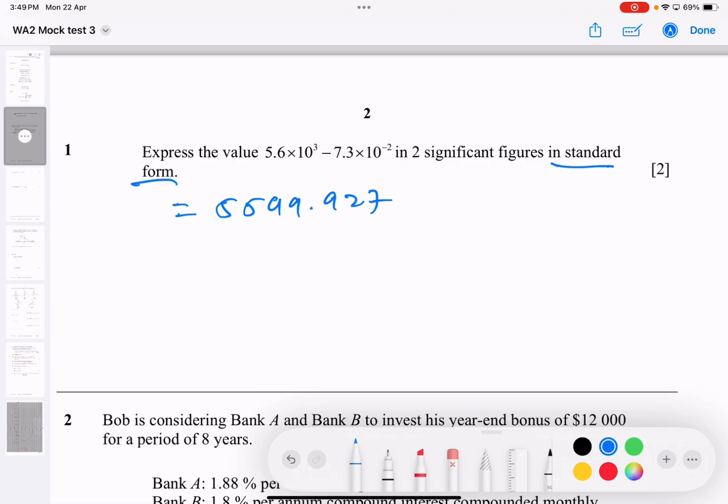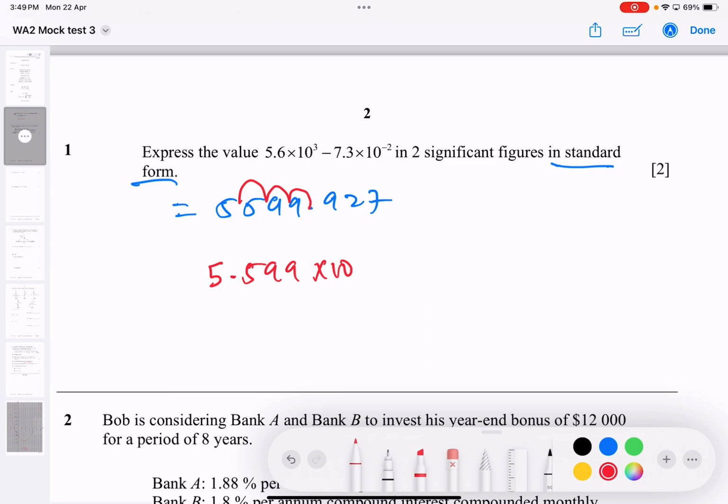You have to understand that standard form means that the first number you put down must be less than 10 but must be more than or equal to 1. So you're going to write this as a number 1, 2, 3. You go back 3 dots. So it's 5.599 times 10.